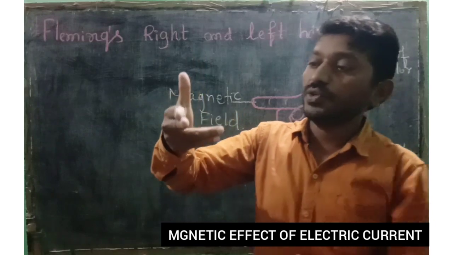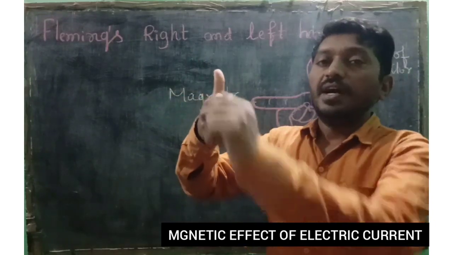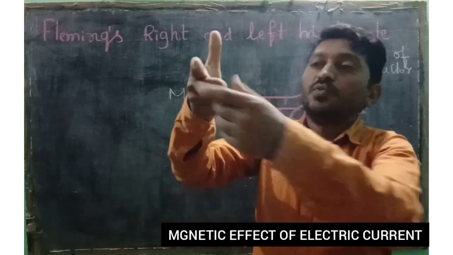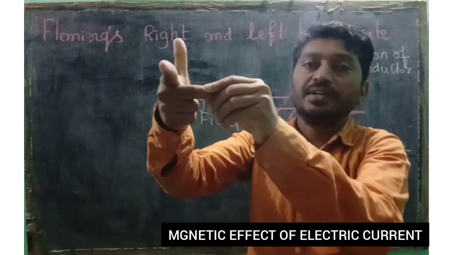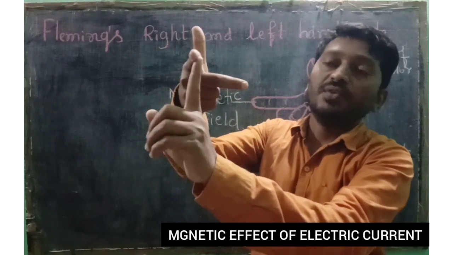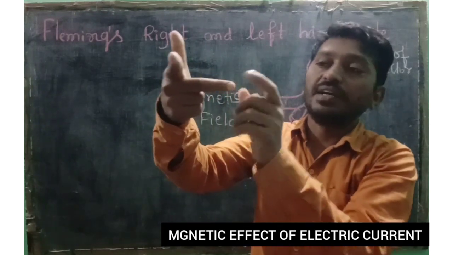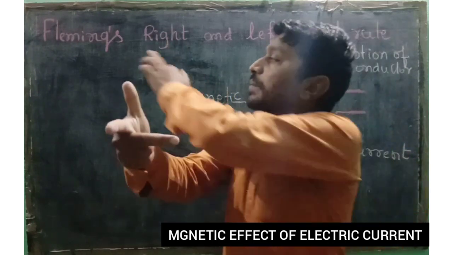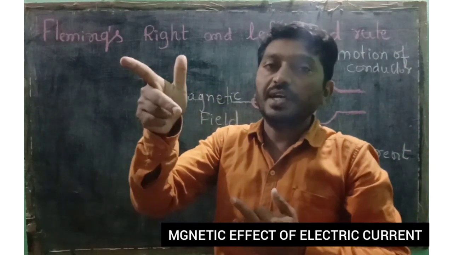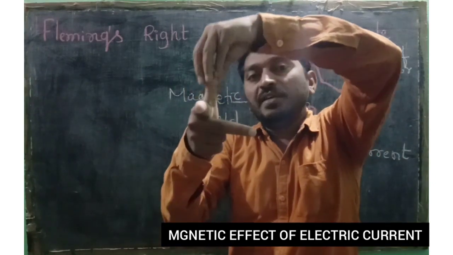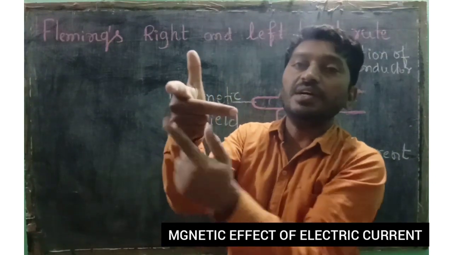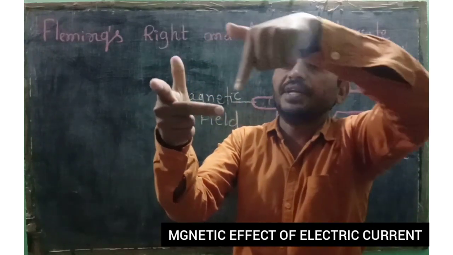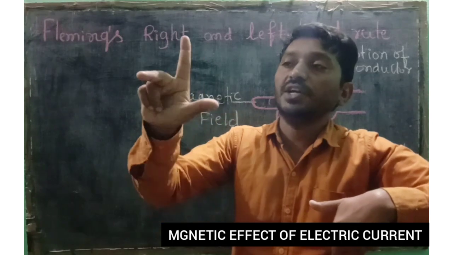Look here. Firstly I will introduce one thing: the thumb, forefinger and center finger of the right hand. Now I will start. What is Fleming's right hand rule? Arrange the thumb, forefinger and center finger of the right hand so that they are perpendicular to each other.